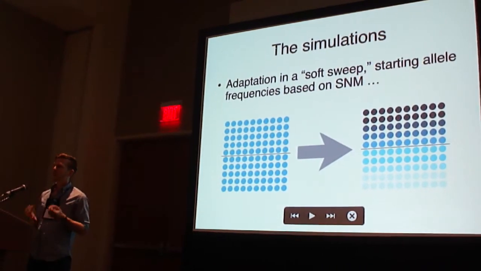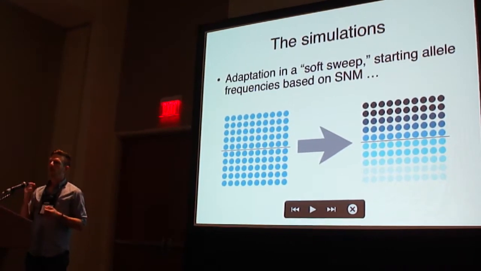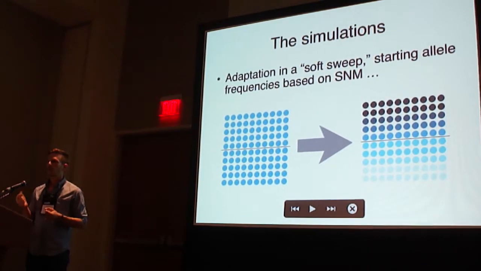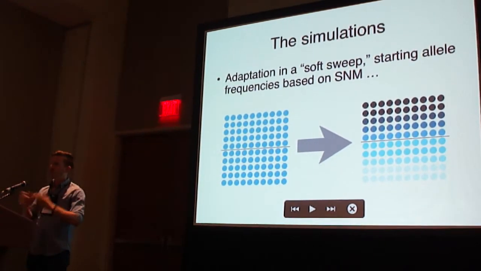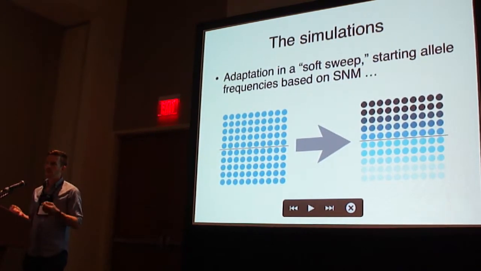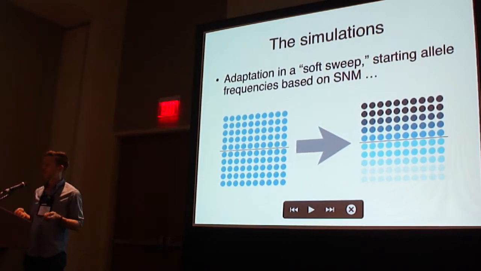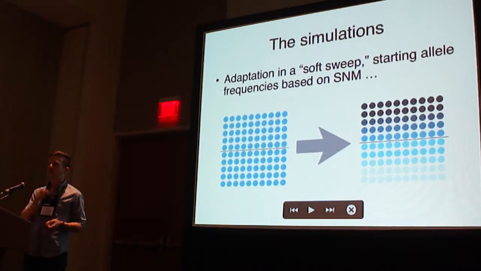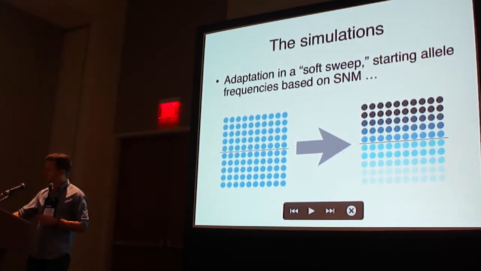And I set up the adaptation to occur as a soft sweep. So the selected loci started with allele frequencies averaged across the whole population that reflected the frequencies that we would expect from a standard neutral model. So they were drawn at random at the beginning of the simulation from that distribution.